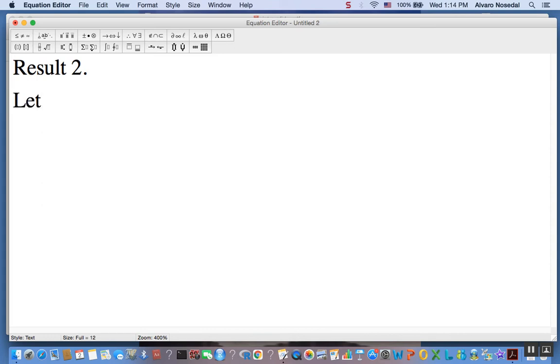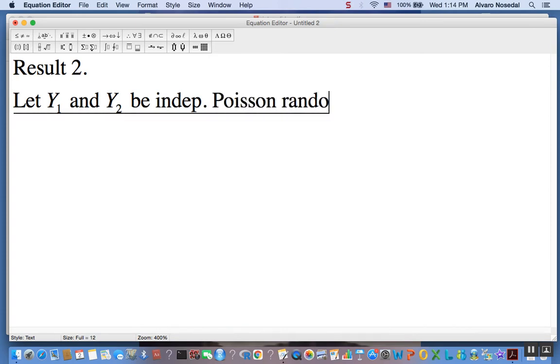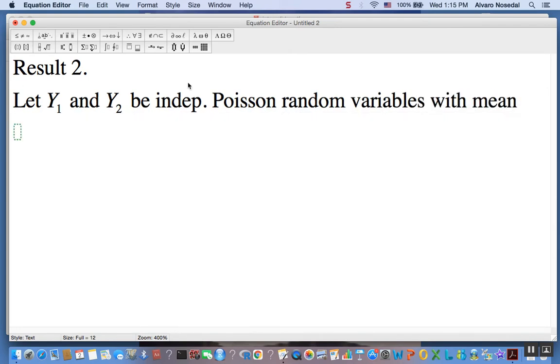So let y1 and y2 be independent Poisson random variables. And both of them will have the same mean, with mean mu. So they are what you can call IID, independent and identically distributed.